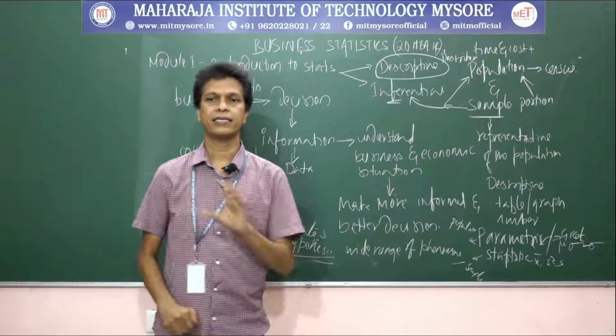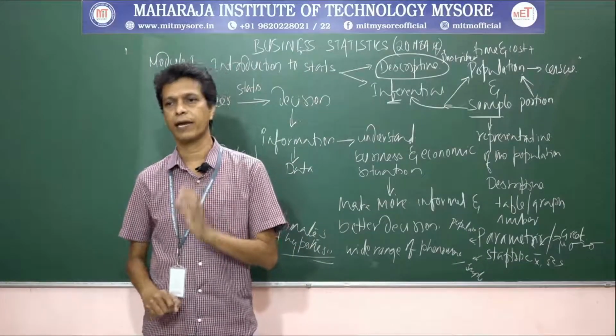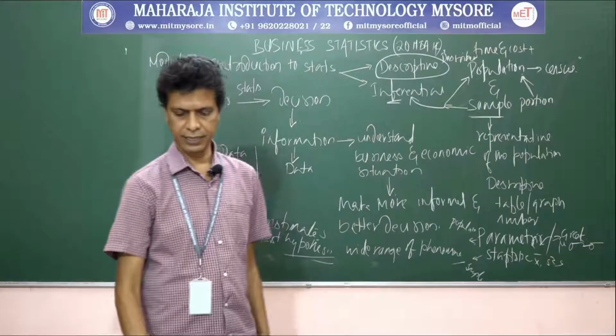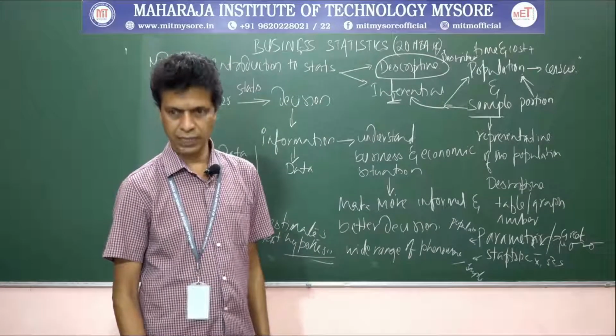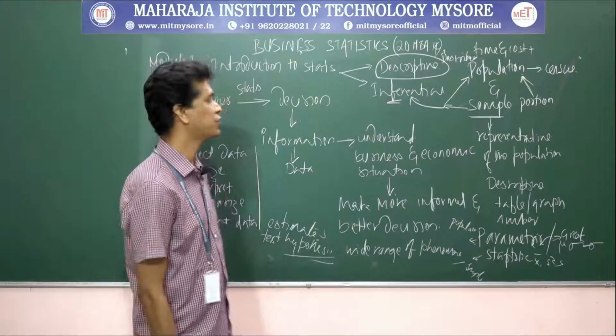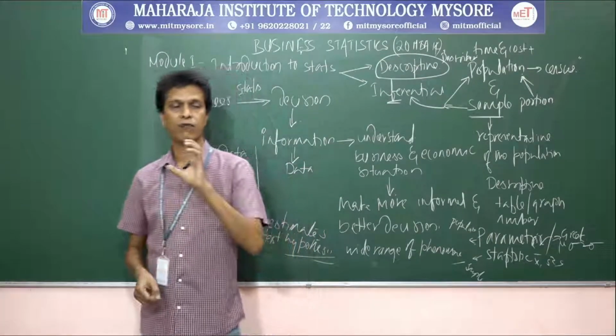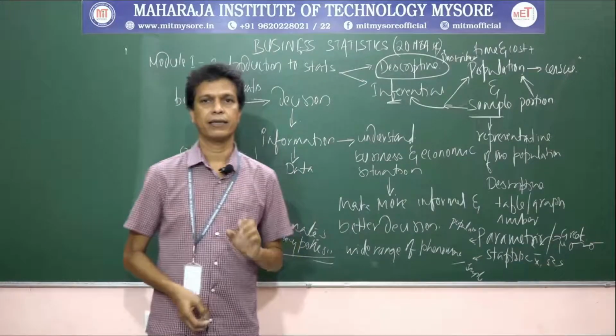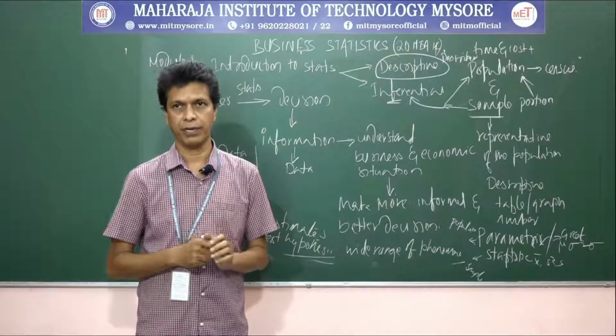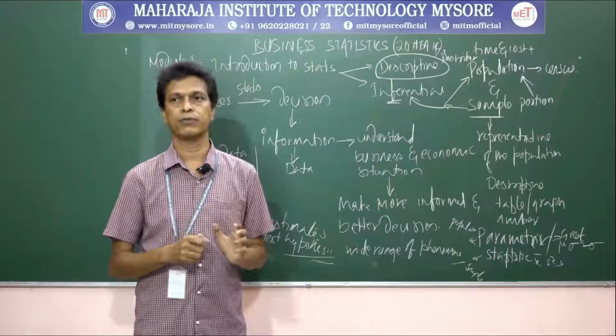The differentiation between the terms parameter and statistic is important only in inferential statistics. A business researcher often wants to estimate the value of a parameter or conduct tests about the parameter.